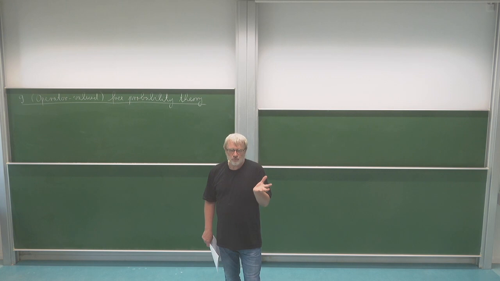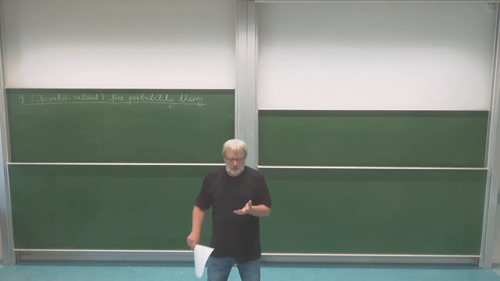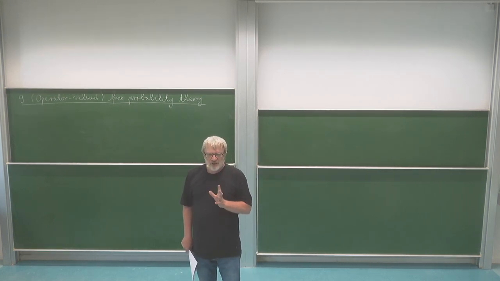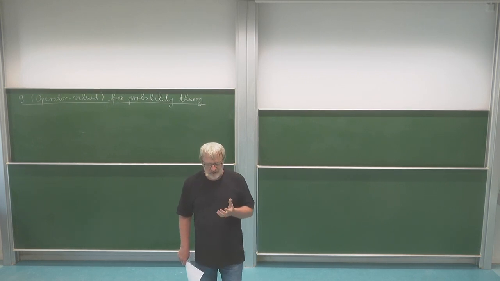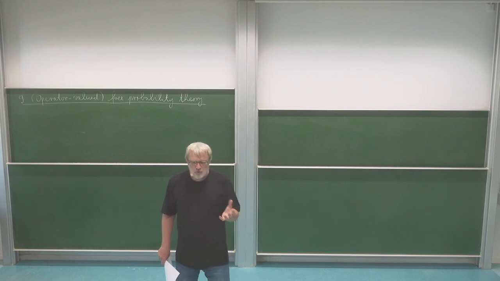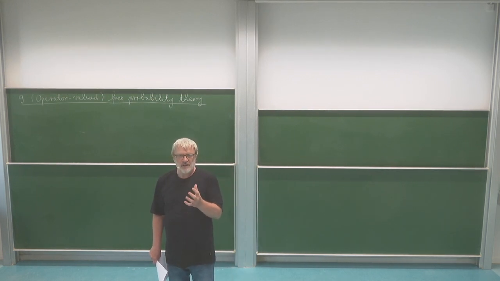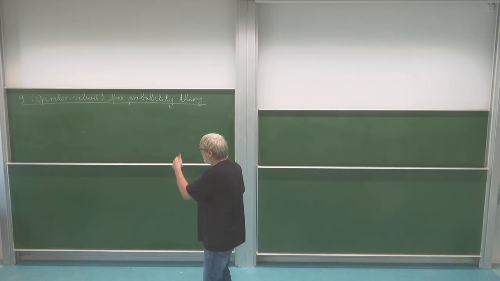Of course, we cannot do this in a direct way, but what we can do is reformulate it as a linear problem if we allow matrix coefficients. So we go over from a scalar valued nonlinear problem to an operator valued linear problem. And linear problems we can deal with, even if they are operator valued.